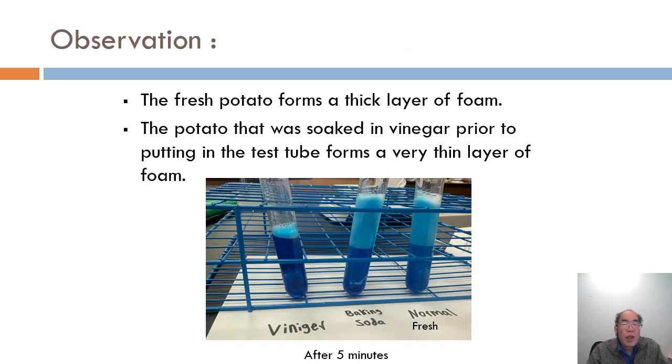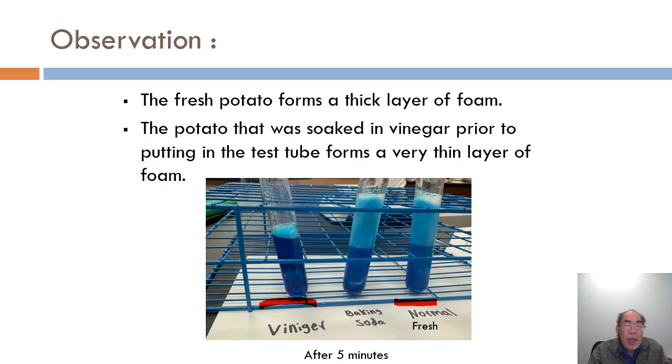Okay, so here we have a picture of the results from my students from a past class. On the left is a tube containing hydrogen peroxide, some dish soap, and it looks like blue food coloring, and they put a fresh piece of potato in it. On the right is a tube with hydrogen peroxide, dish soap, and food coloring, but they put the piece of potato that was soaking in vinegar into that tube.